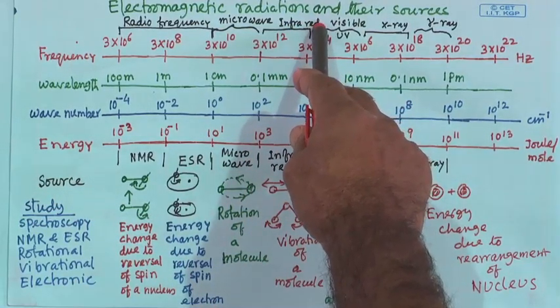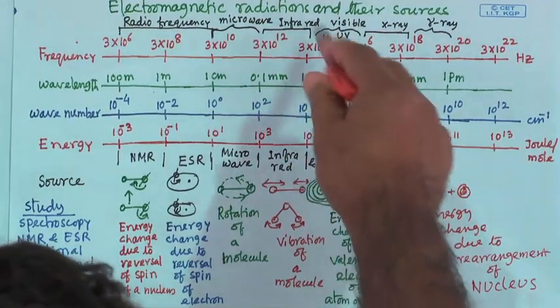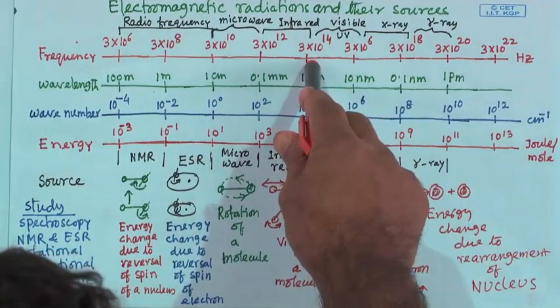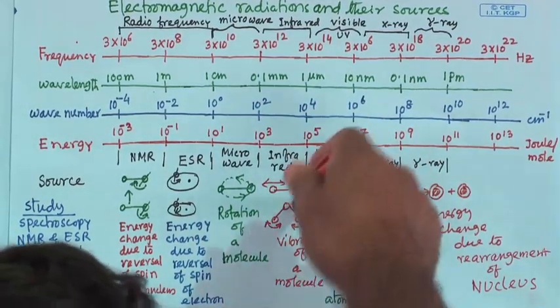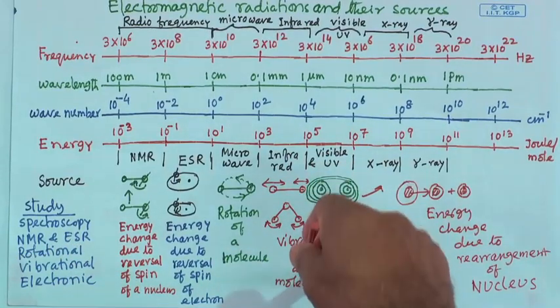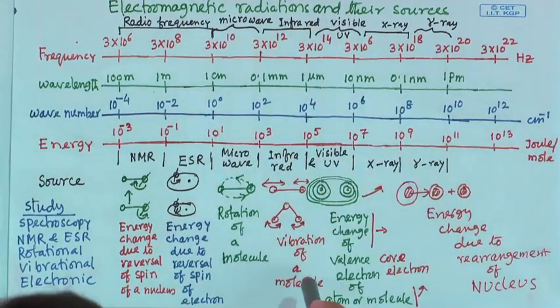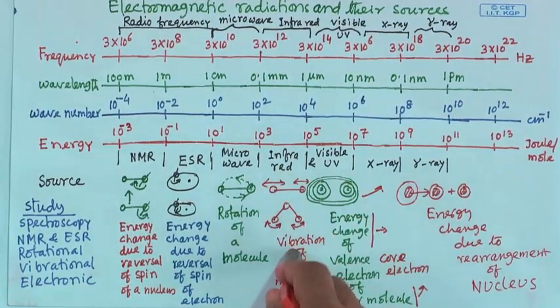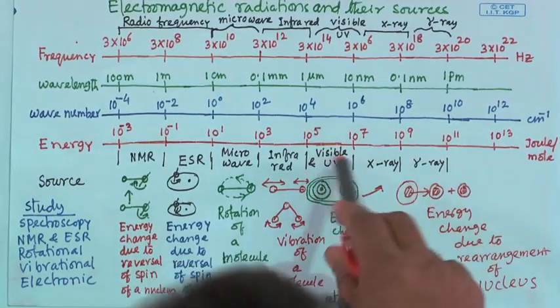Electromagnetic radiation in this frequency or wavelength range is called infrared. The source of infrared is the vibration of a molecule. So we get this infrared wave due to the vibration of the molecule. This also we will study in this course.